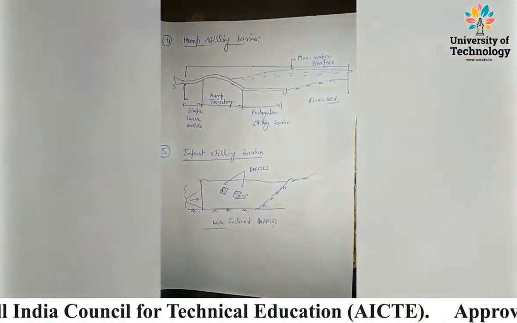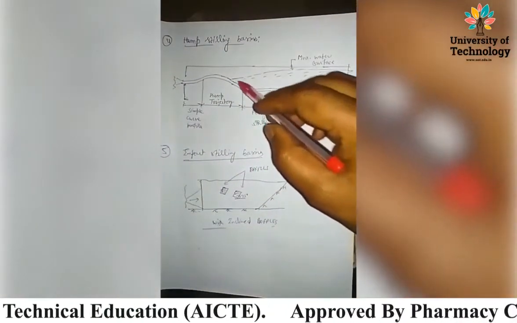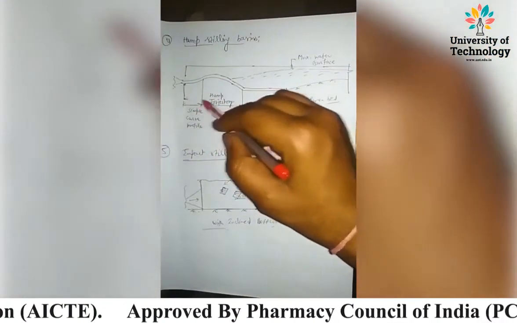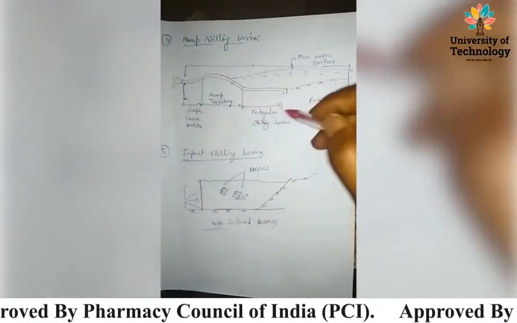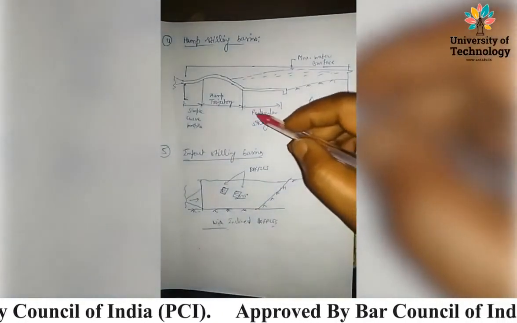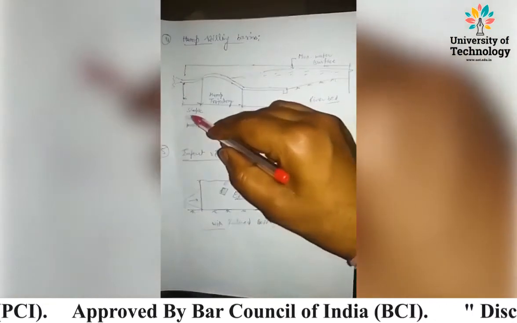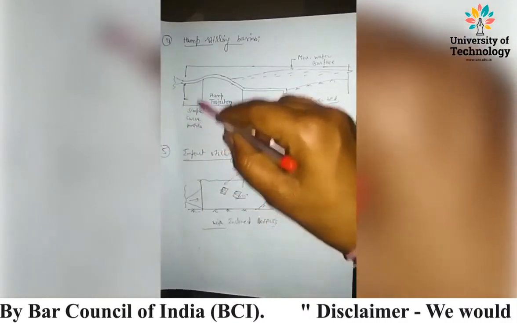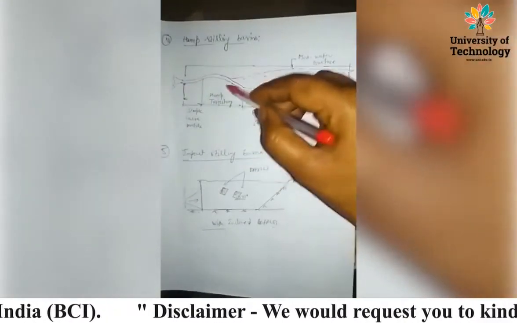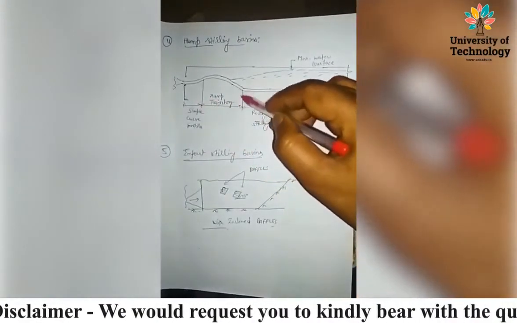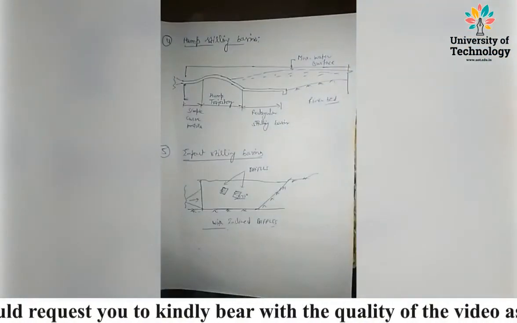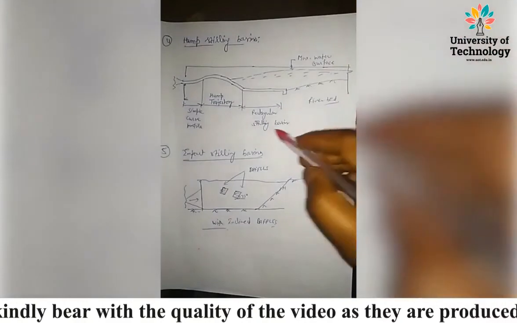It is a vertical curve provided in the structure. So there are three shapes. First one is the simple curve profile, from this portion to this portion, and this is the hump trajectory. This is the vertical curve.